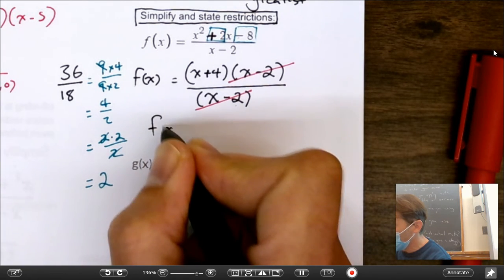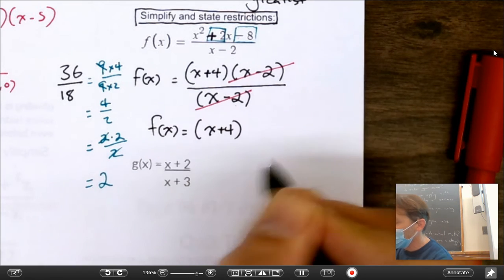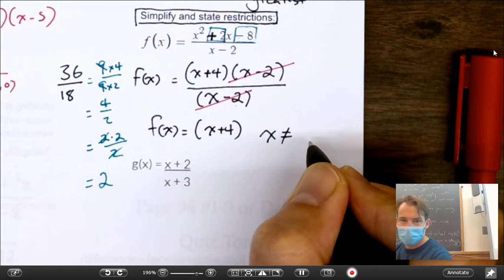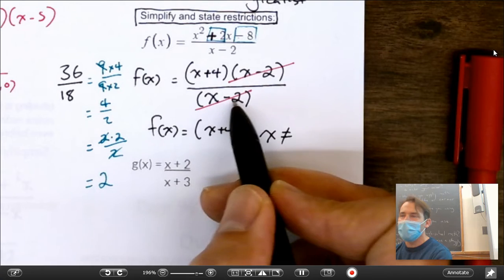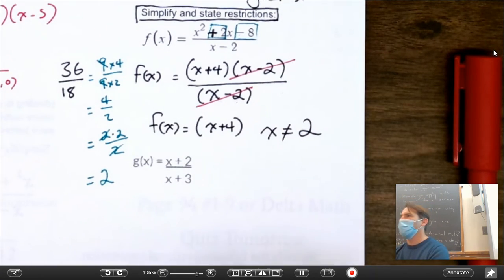This is the function f of x is equal to x plus 4, but x is not allowed to be what number? Negative 4? 2. X is not allowed to be 2 because we saw x minus 2 showing up on the denominator here. So that creates a limit where we're not allowed to have that number on the bottom.